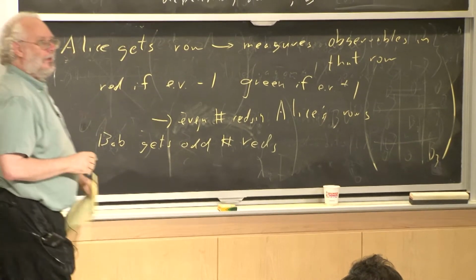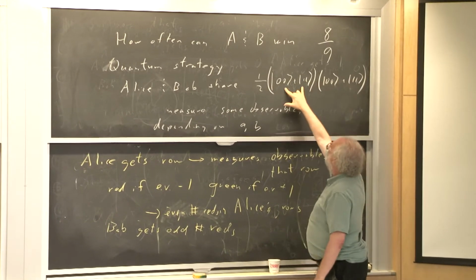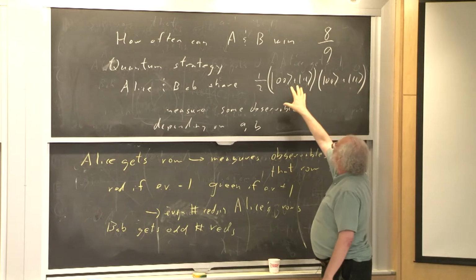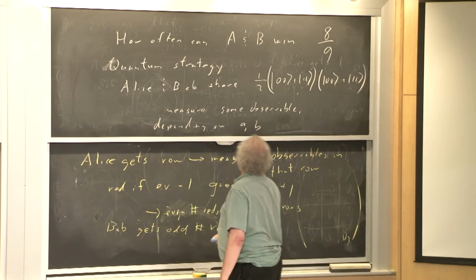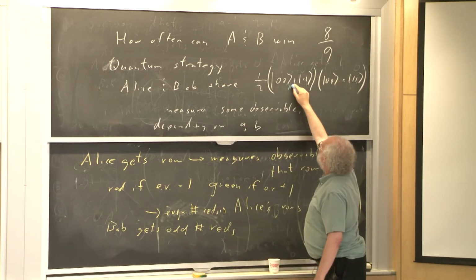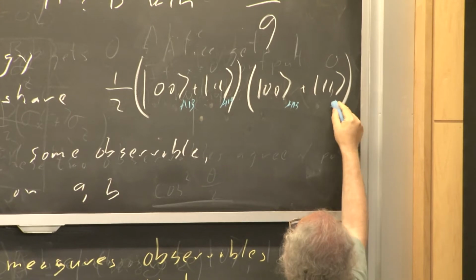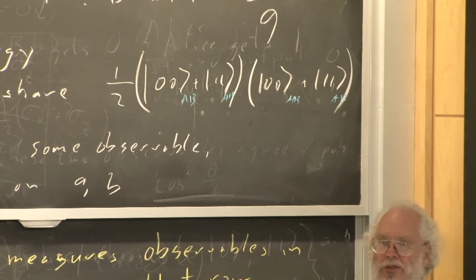And the last thing is that Alice and Bob are sharing the state. So Alice measures on her qubits. And I guess this would be AB, AB, AB, AB. And Bob measures on his qubits.